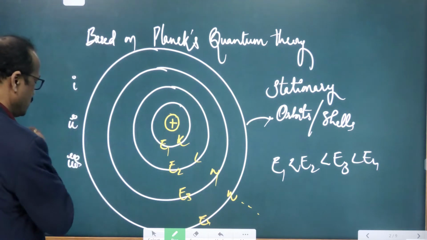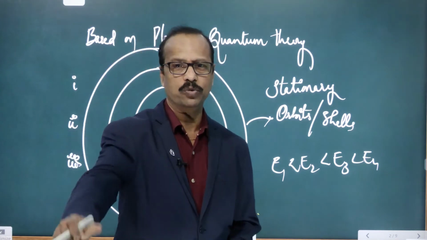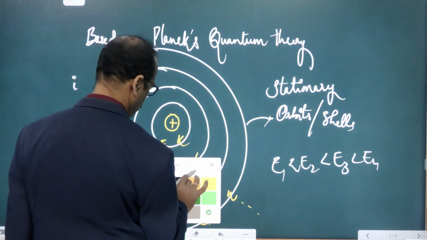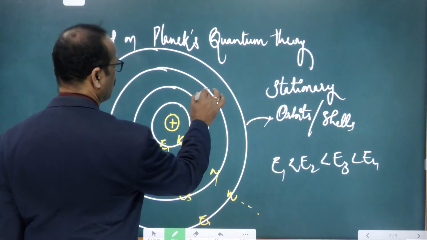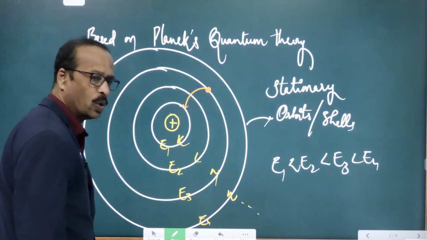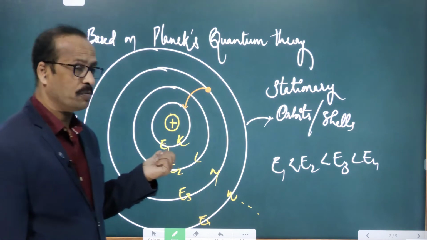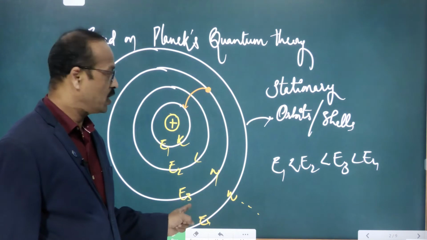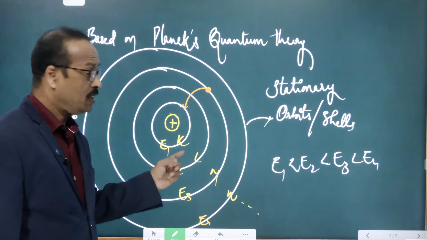Third point states that sometimes electrons may jump from a higher energy orbit to a lower energy orbit. For example, let's think the electron is here. When the electron jumps from a higher energy orbit to a lower energy orbit, here the higher energy orbit's energy is E3, and it's jumping into the K shell, whose energy is E1.